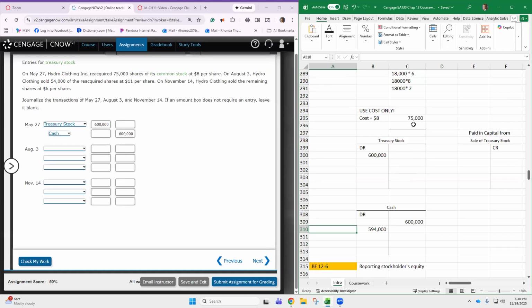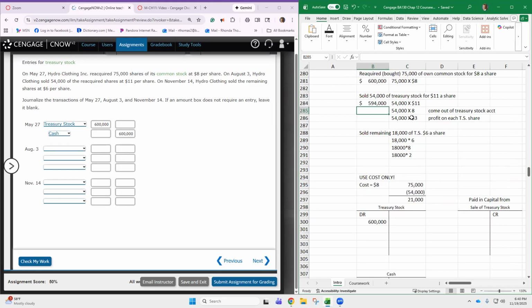We need to take out 54,000 shares, so how many shares are left? There's 21,000 shares left. We have to take 54,000 times the $8 cost, because that amount will come out of the treasury stock, and then we'll record the profit.